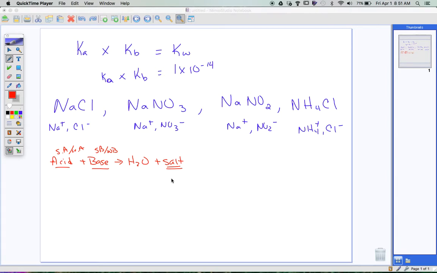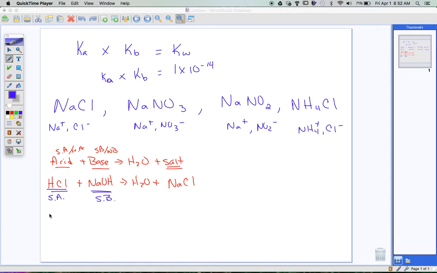Okay, so if you think about NaCl being the salt, what acid and base had to come together to make NaCl? Well, the acid had to be HCl and the base had to be NaOH, right? We know, because we have memorized, that HCl is a strong acid and NaOH is a strong base.